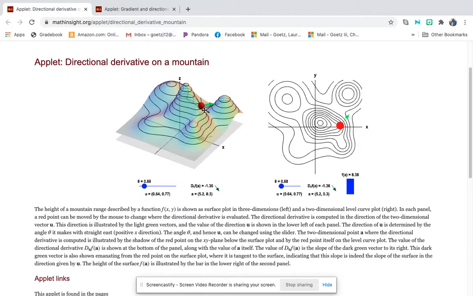And it's showing me which direction I'm going as I move this point. If I take this point anywhere, moving along, the directional derivative is a slope. But you see it projected down here onto the XY plane.